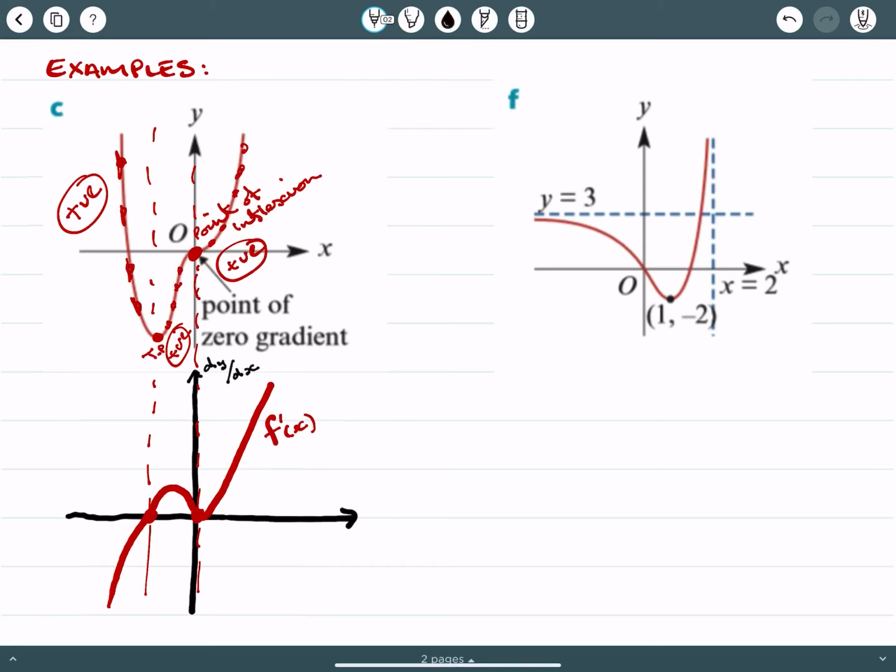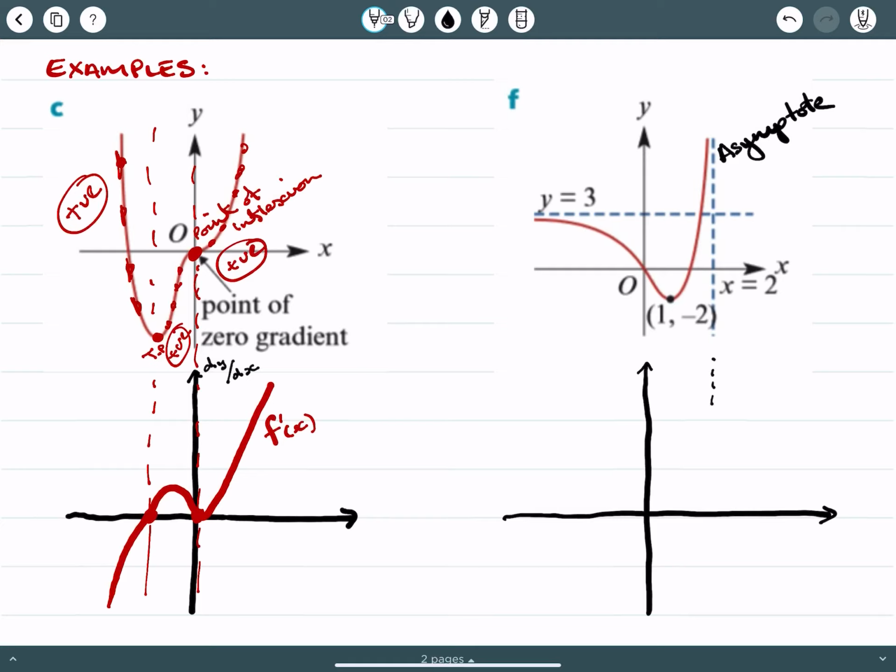In this next example, this is a little bit strange because what we have is an asymptote. So here we have my asymptote. Okay, and we haven't really discussed how we deal with asymptotes in this slide.